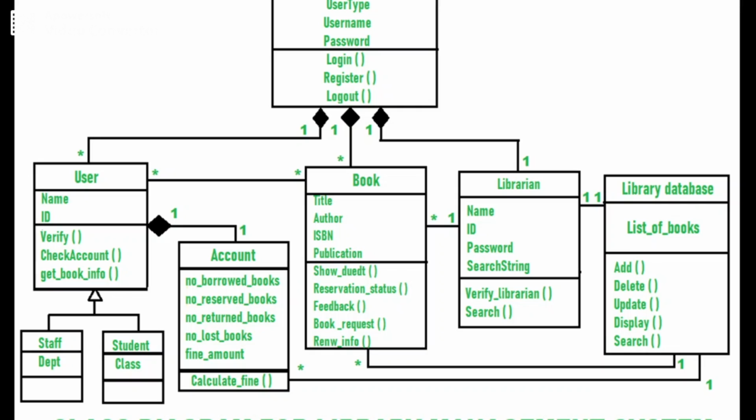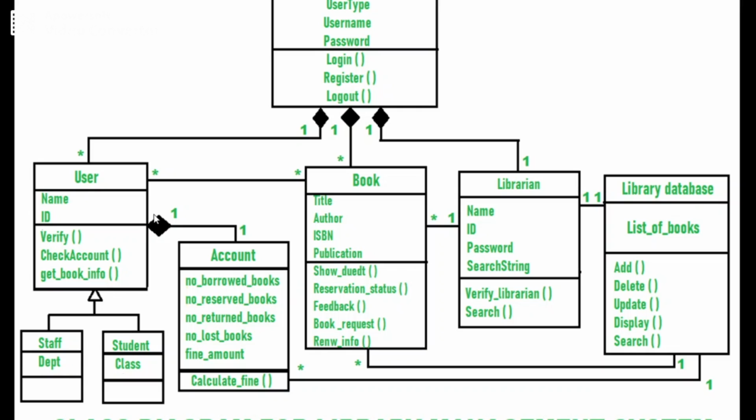What does it mean? You are inheriting a new class from an already existing class. So, which are the two subclasses? One is staff, another one is student. Staff, which department he belongs to, student, which class. These are attributes.